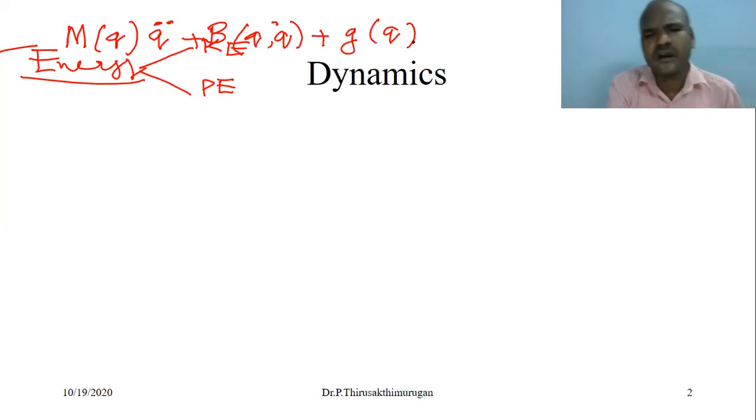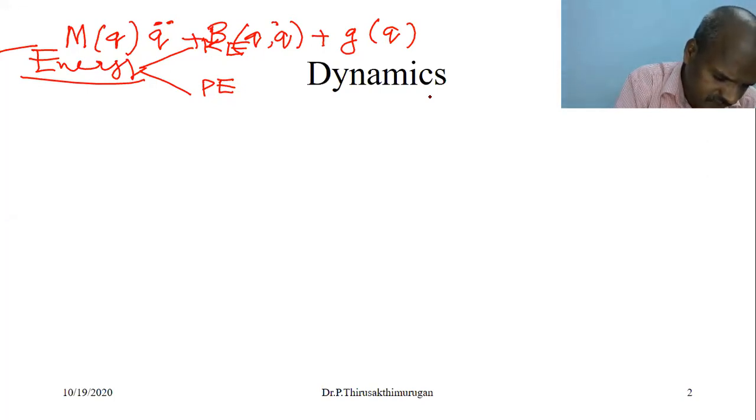The q is called the generalized joint coordinates, q1, q2 and so on, consisting of the joint parameters. If the joint is rotational, q is theta 1, theta 2, theta 3. If it is translational, it is simply L1, L2, L3, a linear or prismatic joint.